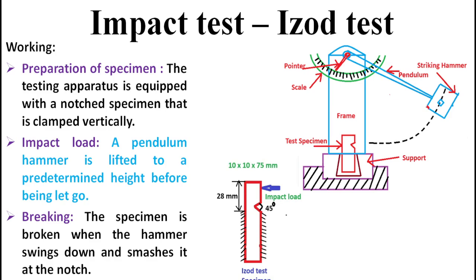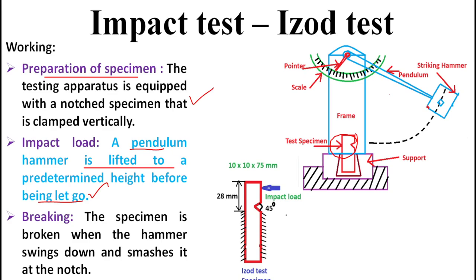Now the working principle of this Izod test. First, the preparation of the specimen. The testing apparatus is equipped with a notched specimen that is clamped vertically. The pendulum hammer is lifted to a predetermined height before being let go.